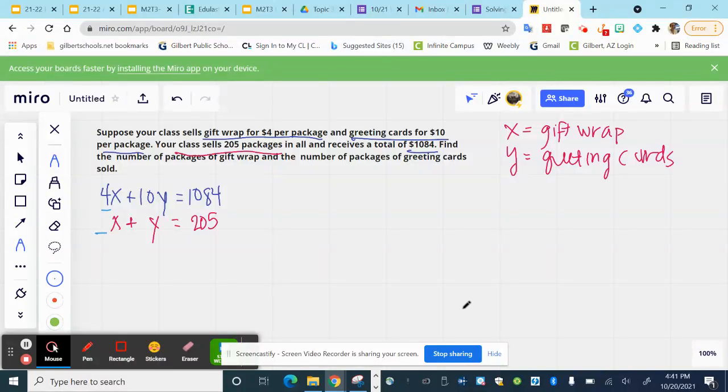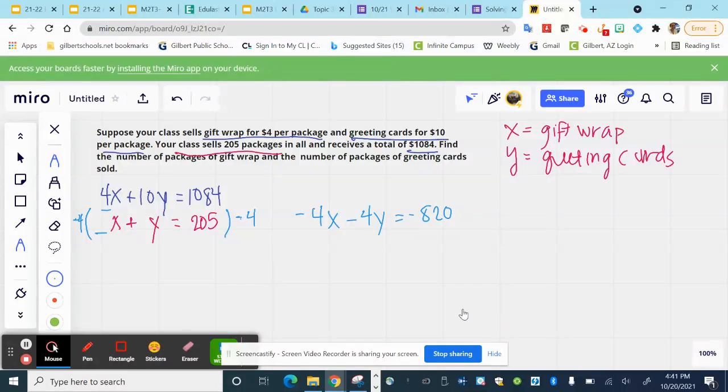To get that coefficient to be negative 4, I would multiply this entire expression by negative 4. So when I multiply the whole thing by negative 4, that would give me negative 4x minus 4y equals negative 820.